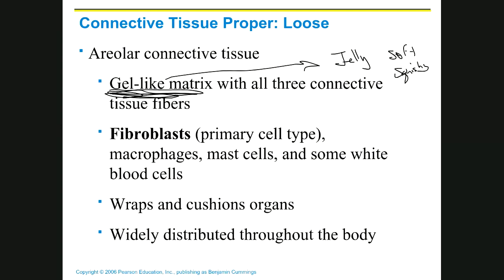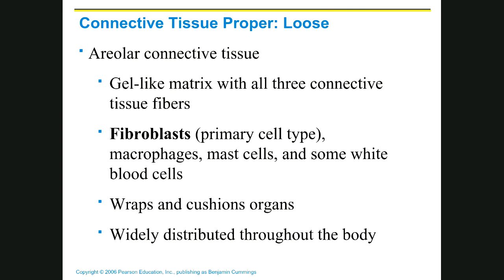So it's got a soft, squishy, gel-like matrix with all 3 different fibers running through it. And the cells are primarily fibroblasts. It's going to be a shock-absorbing type tissue, and that's exactly what it does. It wraps itself around tissues and organs and cushions them.